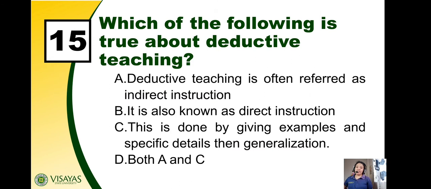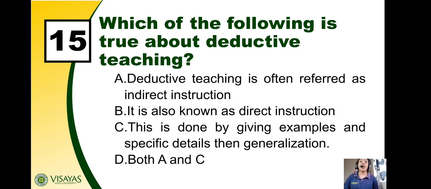Okay, let's have number 15. Which of the following is true about deductive teaching? A, deductive teaching is often referred as indirect instruction. B, it is also known as direct instruction. Letter C, this is done by giving example and specific details than generalization.